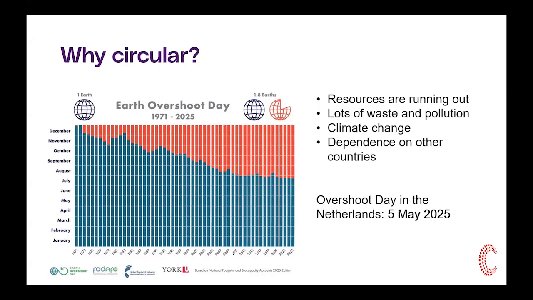In the Netherlands this year, the overshoot day was around the 5th of May, which means that we're now living basically in ecological debt for the rest of the year. This overconsumption leads to resource scarcity, waste and pollution, and accelerates climate change. It also increases dependence on imported materials and energy.